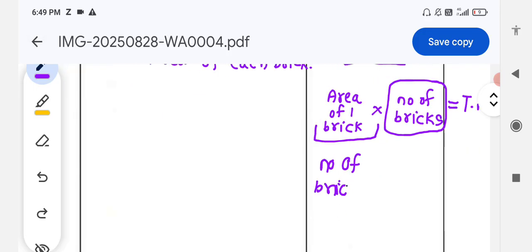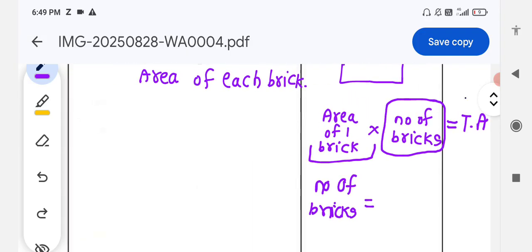Opposite of multiplication is division, and the area of one brick goes down. In this way I got this formula.